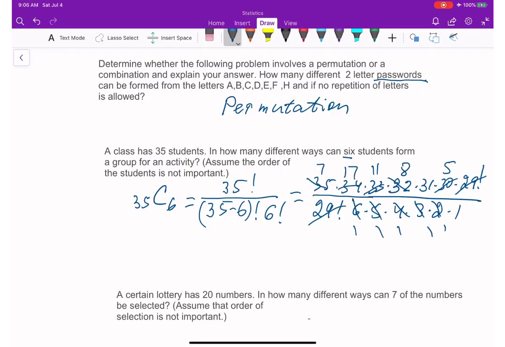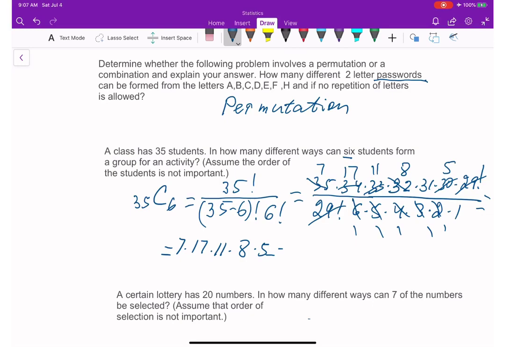Doesn't matter. So let's see, out of this mess, what do we have left? 7 times 17 times 11 times 8 times 5. Okay, for the sake of saving time, let me punch the numbers.